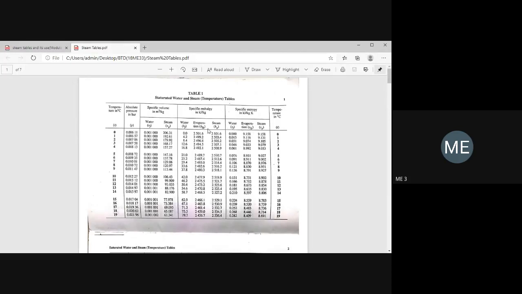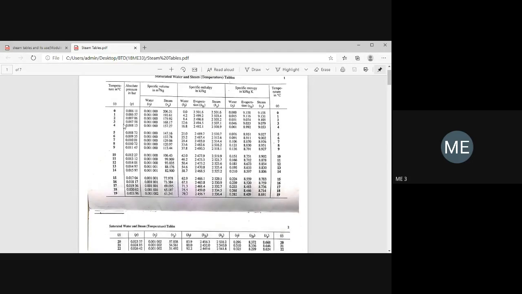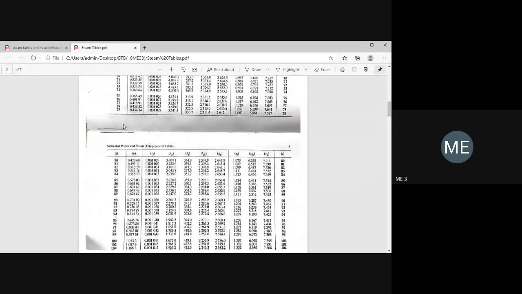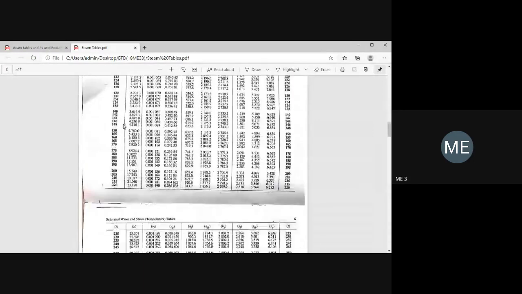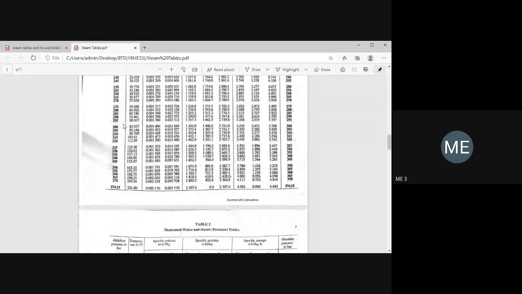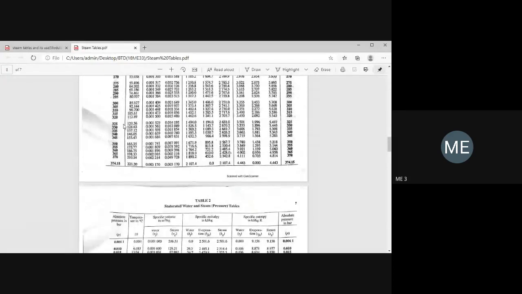Corresponding to the same thing, it is expressed in temperature. The first column and last column are the same, so don't worry about this. We have to concentrate on these properties. This is called the temperature based table, from 0 degrees Celsius up to 374.15.